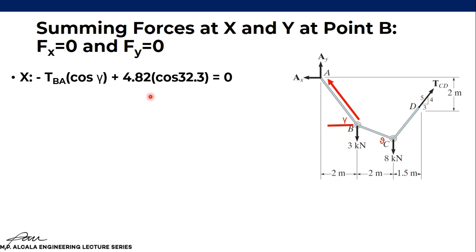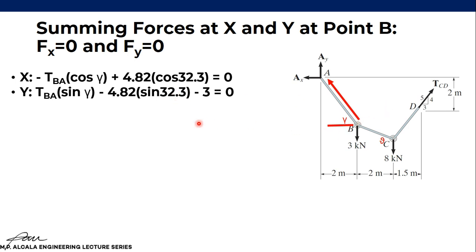So again, we have one equation with two unknowns. Thus, we need to sum also the forces along the y-axis, which is essentially TBA positive sine of gamma, the angle of inclination because of positive direction, minus 4.82 sine 32.3.